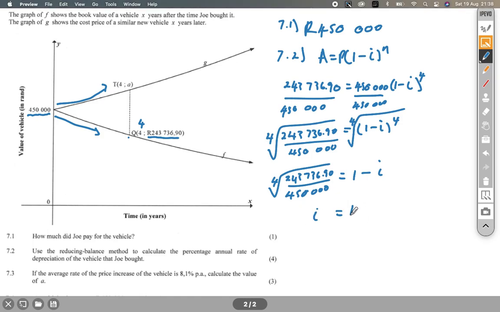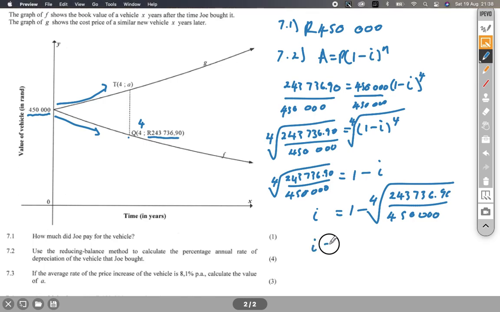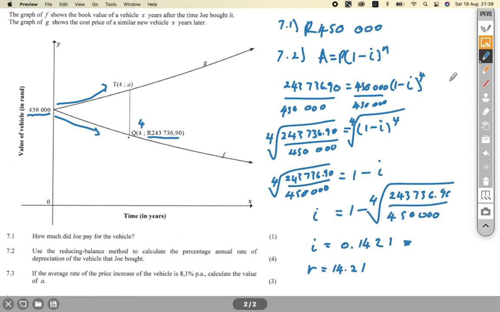So i would be 1 minus the fourth root, and you would get that i is equal to 0.1421. In terms of r, it would be 14.21. To get to r, you just multiply this by 100.